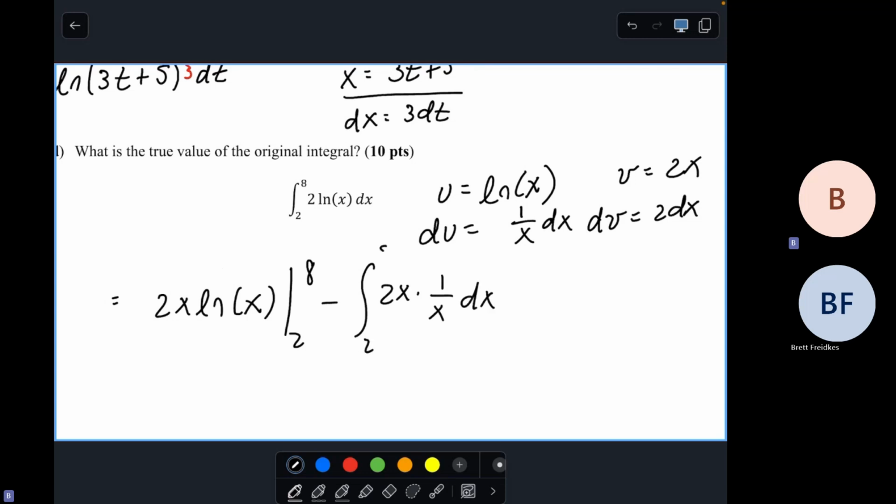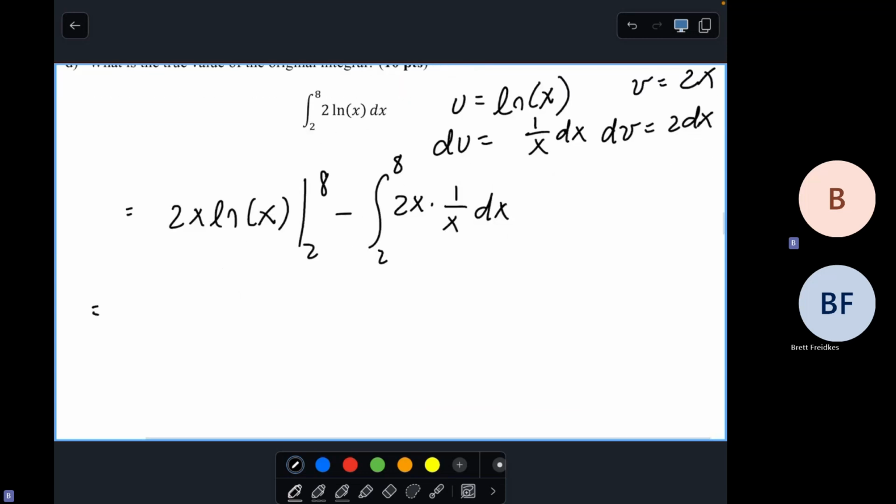This is also integrated from 2 to 8. 2x ln x, 2 to the 8, minus the integral of what? 2 dx. Right? X times 1 over x is simply 1.